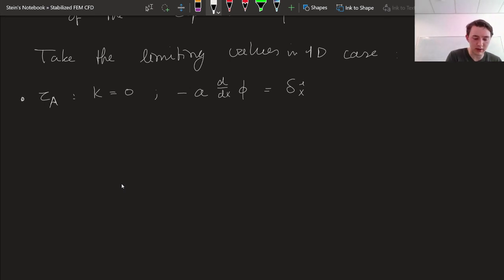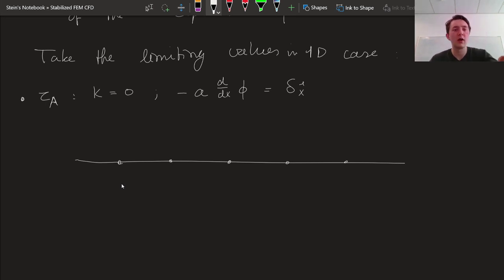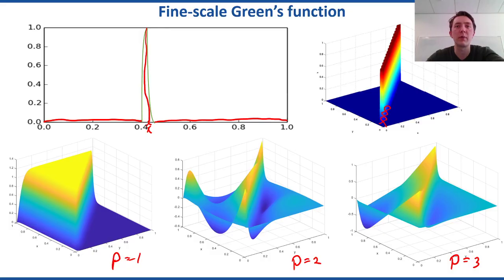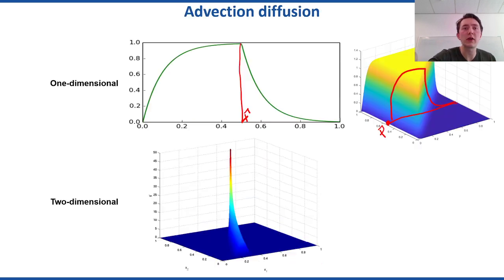I can draw this already. So here I have a mesh of elements. First of all, remember that we have this element localization, so my fine-scale Green's function is going to localize to one element. And secondly, if we look at one of these slices, you can already imagine what this is going to look like when the diffusion gets lower and lower. The effect of the diffusion is this smoothing out here, and here.